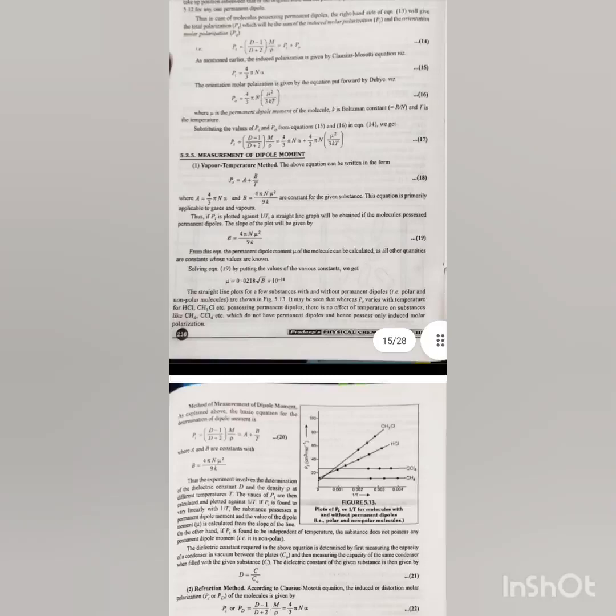Substituting the values of Pt, Pi and Po from equations 15 and 16 in equation 14, we get Pt is equal to (D minus 1) upon (D plus 2) into M upon rho is equal to 4 by 3 pi N into alpha plus 4 by 3 pi N into mu square upon 3kT, named as equation 17. Now the next article is measurement of dipole moment.